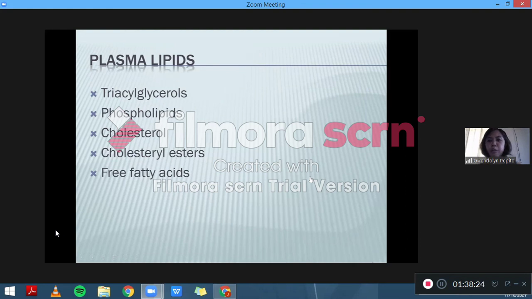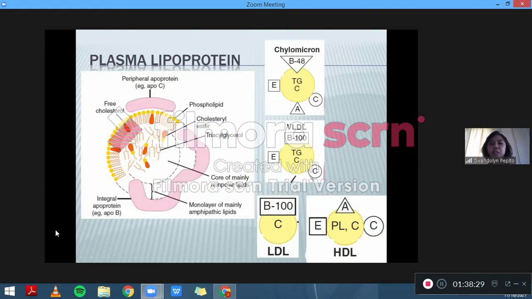So these are the lipoproteins. Can you describe the basic structure of a lipoprotein? Anyone here? Your lipoprotein is amphipathic, no? You have a polar as well as a non-polar core, usually composed of cholesterol, as you can see.